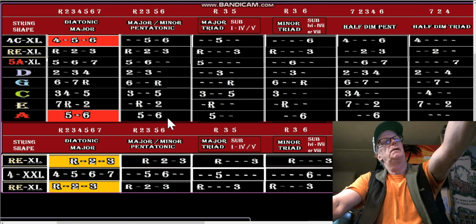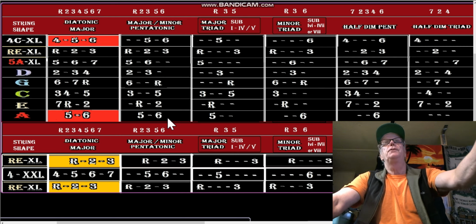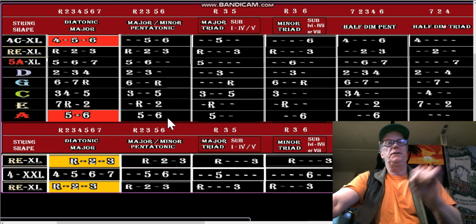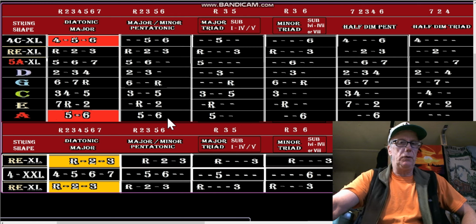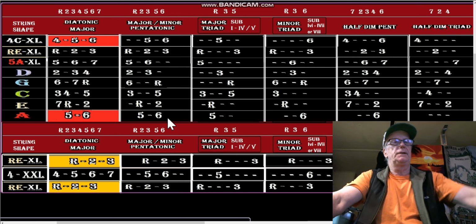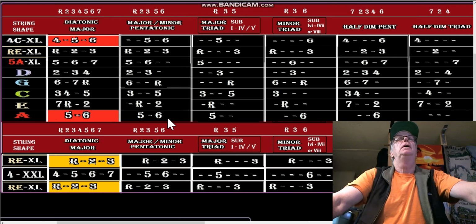So we're not worried so much about giving it a unique modal scale quality.